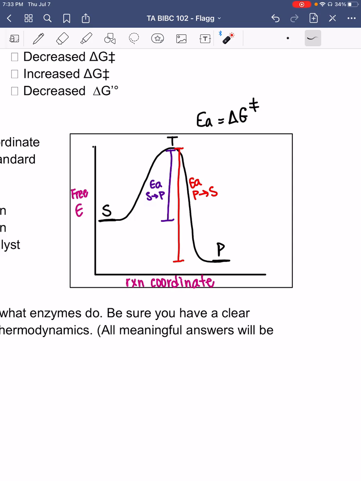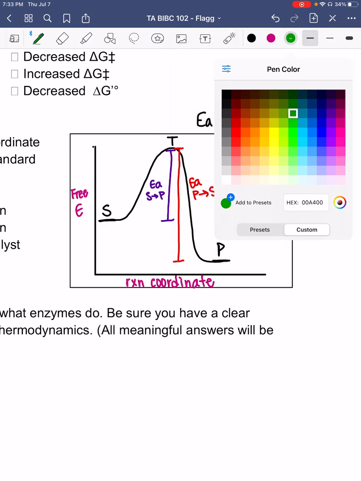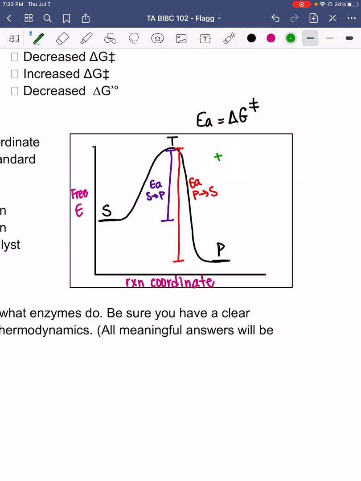So if there is an enzyme involved, and here I will pick the green color, I'm going to write plus enzyme. So green is when there is an enzyme.